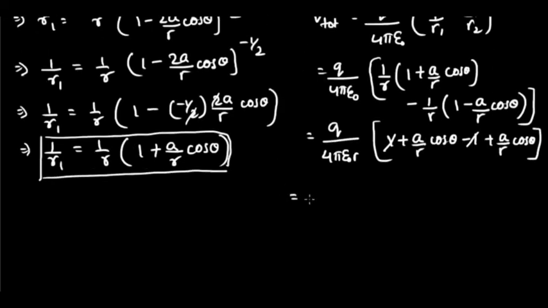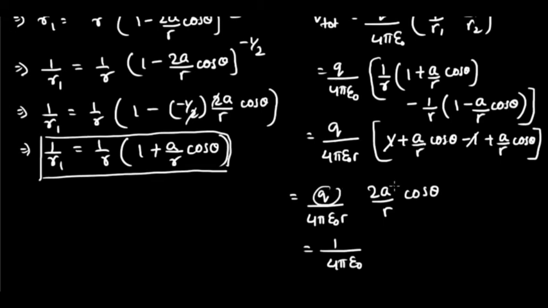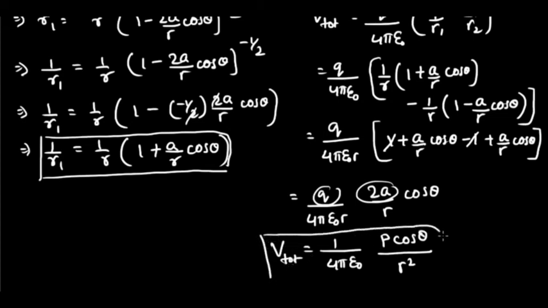So finally you will get Q by 4 pi epsilon naught R into 2A by R cos theta. That is equal to 1 by 4 pi epsilon naught. This Q into 2A will be the dipole moment P, and then you have this cos theta term divided by R square. R into R will be R square. So this is the expression for the total electric potential at the point M, which is neither axial nor equatorial.